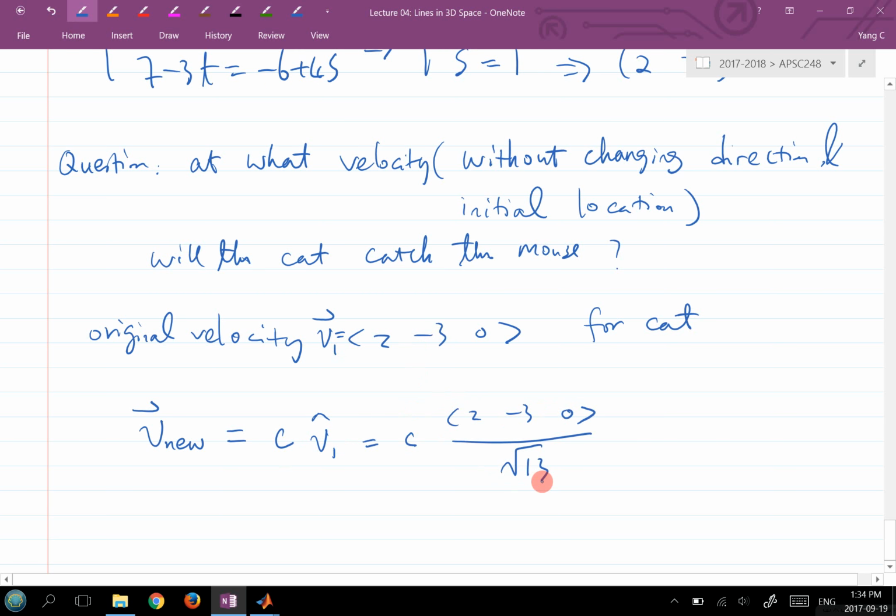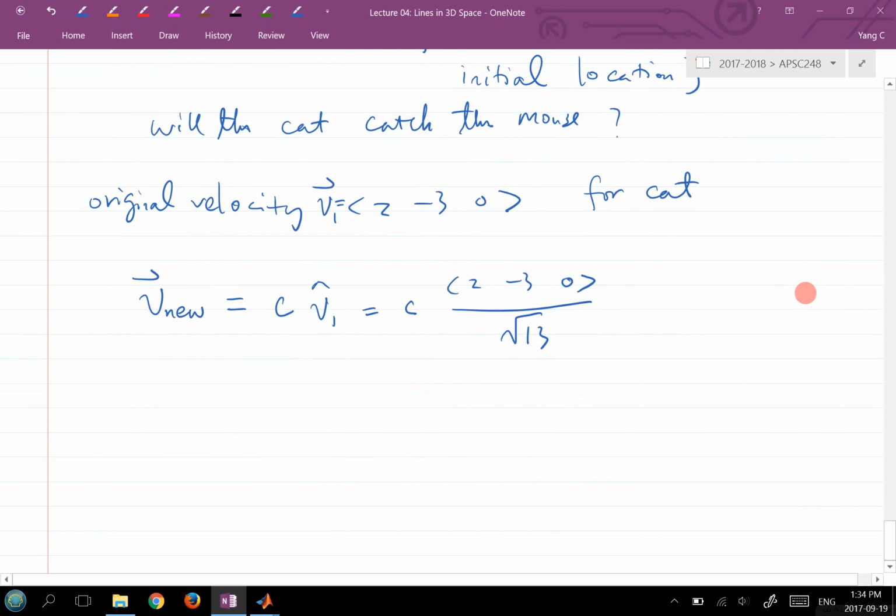If we could find a proper value for c, then the cat can catch the mouse. So that's the idea. I don't know what c is yet, so I'm going to just keep the c here. With the new velocity, we can define a new trajectory, new motion for the cat.